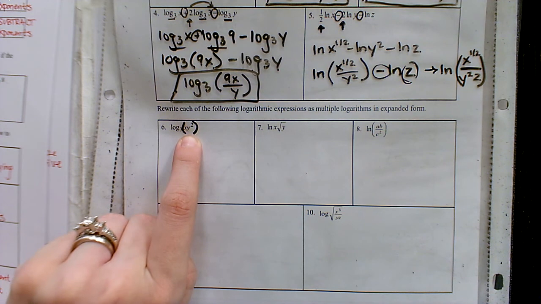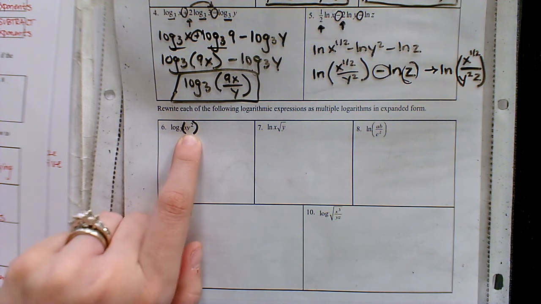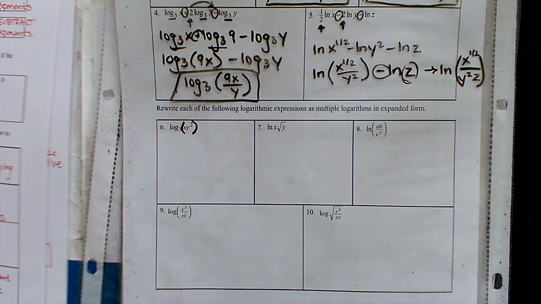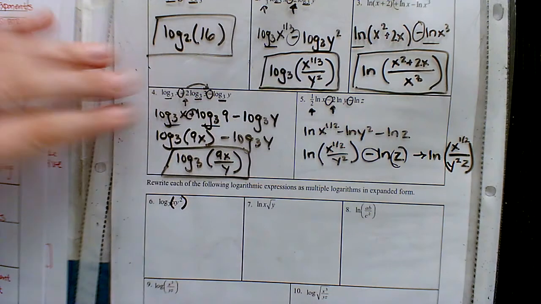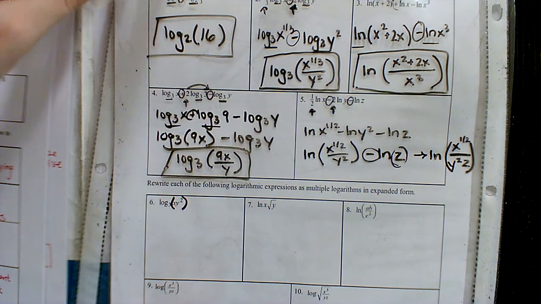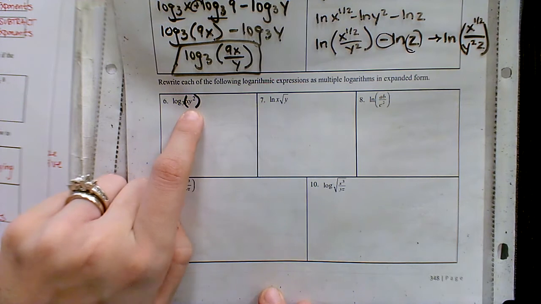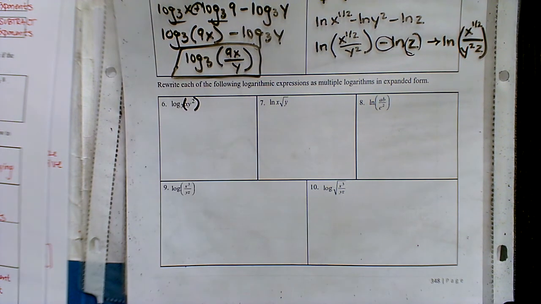So let's think about the properties in a reverse sense. What's being done to the x and y squared within the argument? They're being multiplied. So if you're multiplying within the argument, how can you break up the log? We have to think about these properties that we just did, but in a reverse sense. If you're multiplying within a log, how can you expand those?